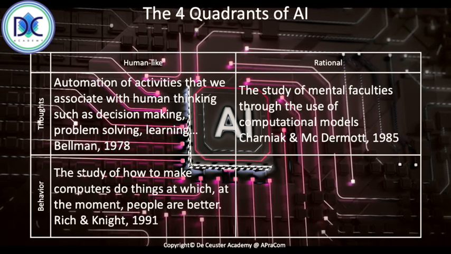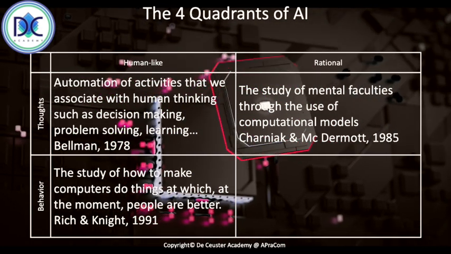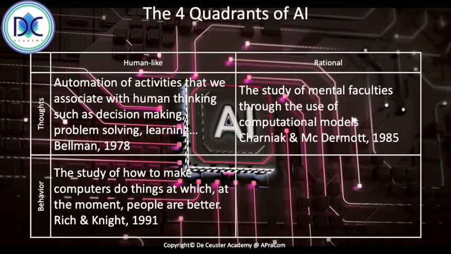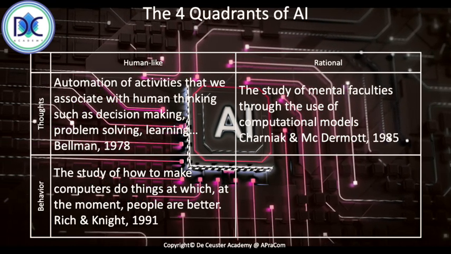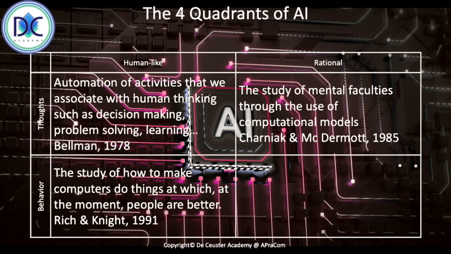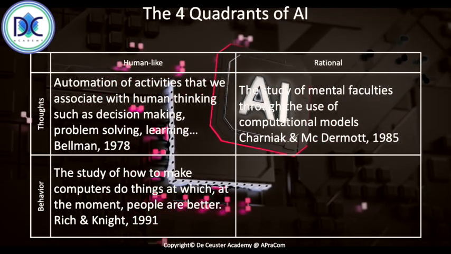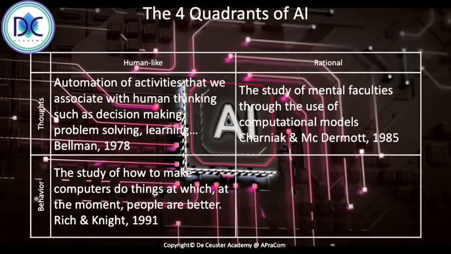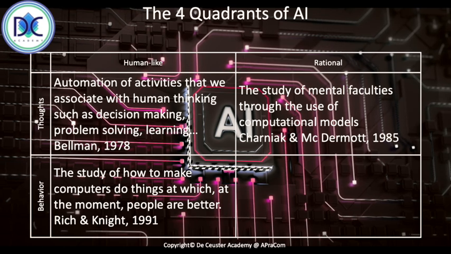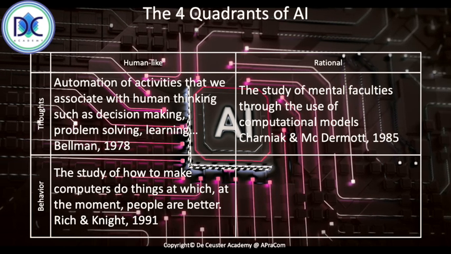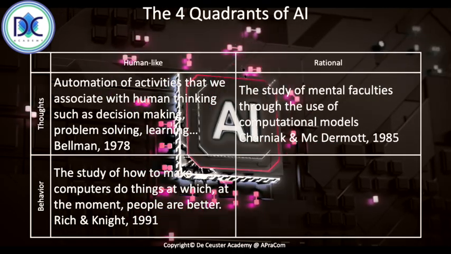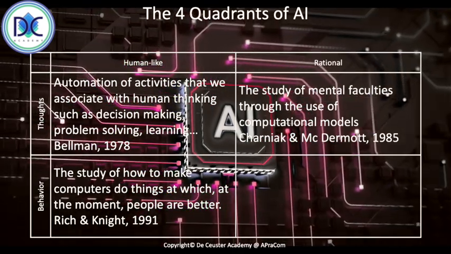The other element is behavior and human-like. How do we consider the AI when we look at the behavioral aspect and the human-like aspect of AI? Here we look at studying how to make computers do things which at the moment people are better at. And we've seen certain things like this, like playing chess, playing Go, and this was described by Rich and Knight in 1991.